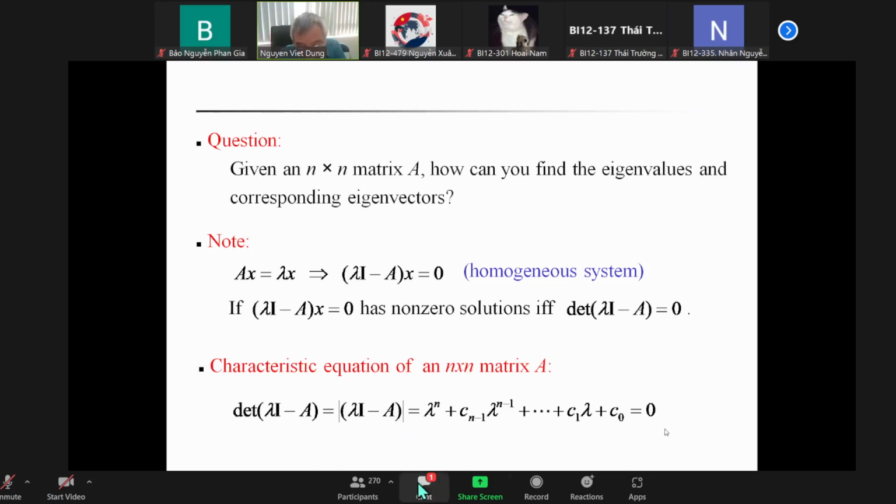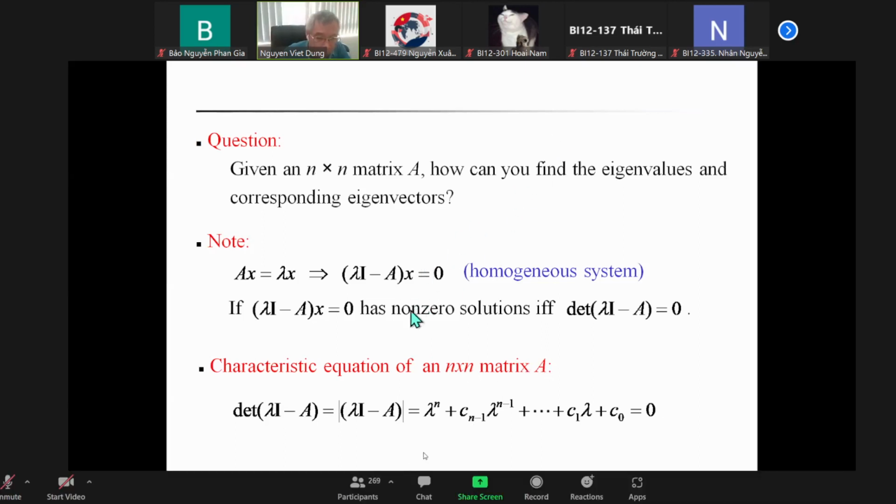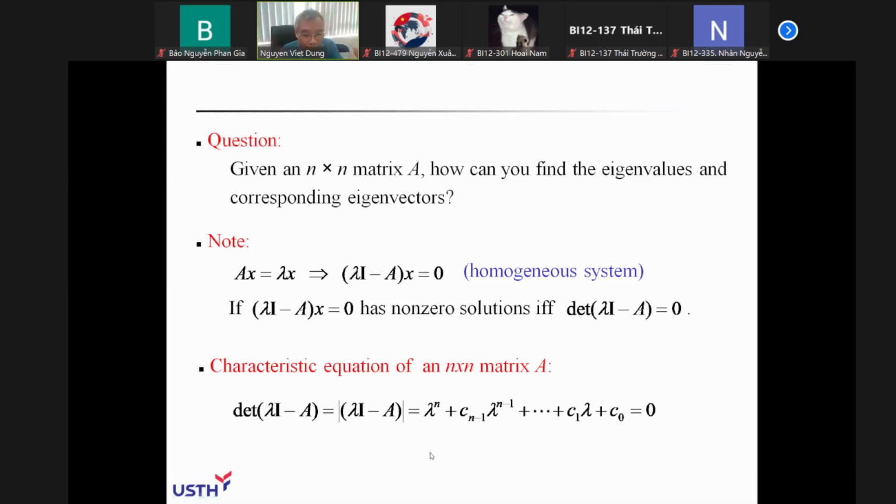Chúng ta phải giải cái phương trình này để tìm nghiệm lambda. Nghiệm lambda đó chính là giá trị riêng. The equation is named the characteristic equation, phương trình đặc trưng, of the n by n matrix A. So that is the way we find the eigenvalues.